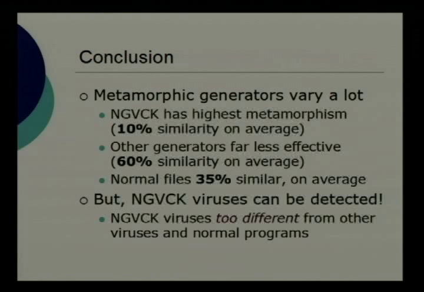Some are 60% or even 70% similar. When we compare to normal files, they are only 35% similar, so we know how to rate them. But NVIC viruses can also be detected because they are too different from other viruses and normal programs.